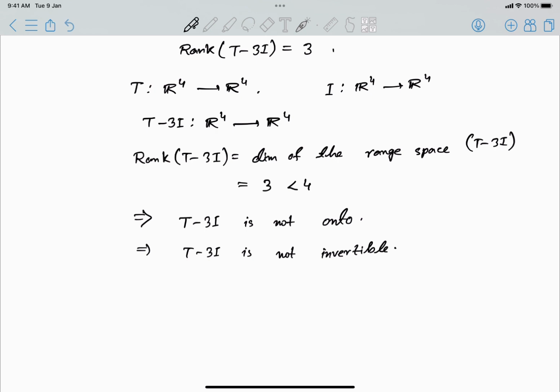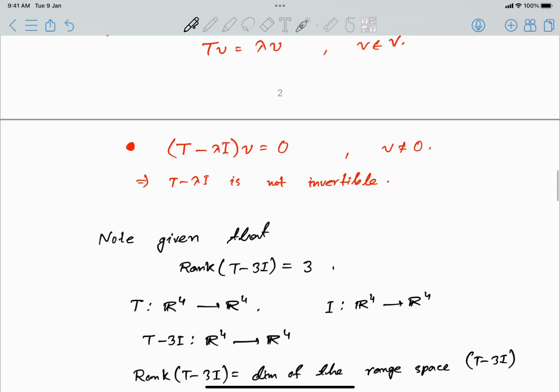So what we have seen earlier, that if T minus lambda is not invertible, it's saying that lambda is an eigenvalue of T, right?